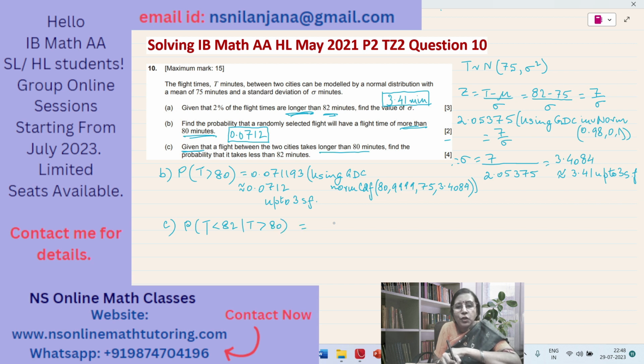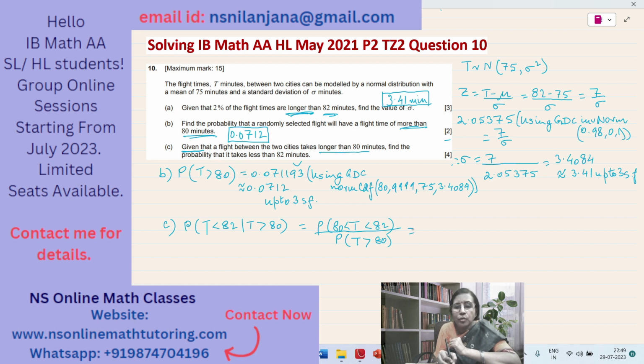Using the simple normal formula for conditional probability, this is P(80 < T < 82) over P(T > 80). The denominator's value we know. We have to find the numerator's value.